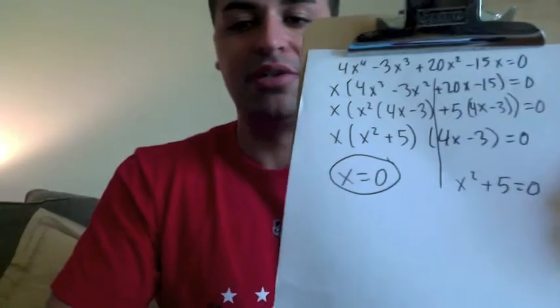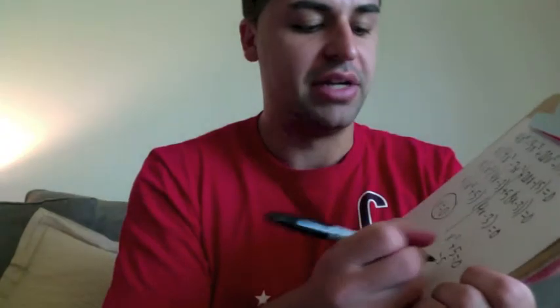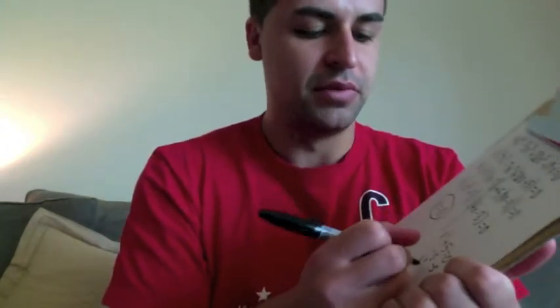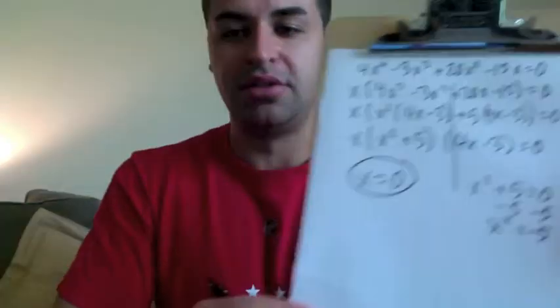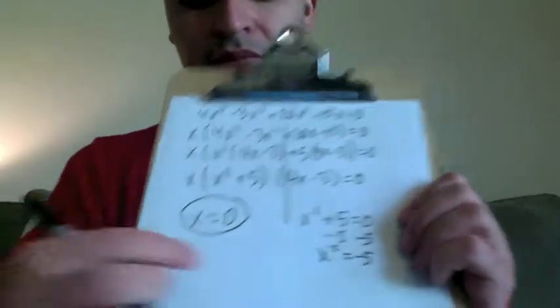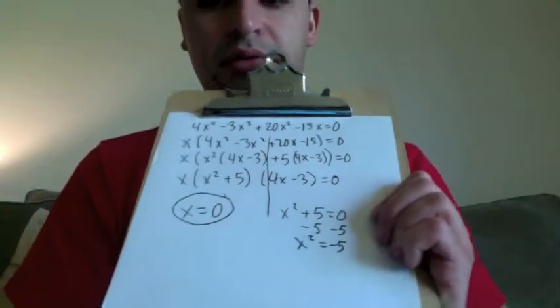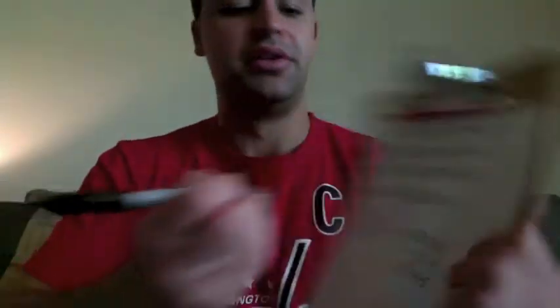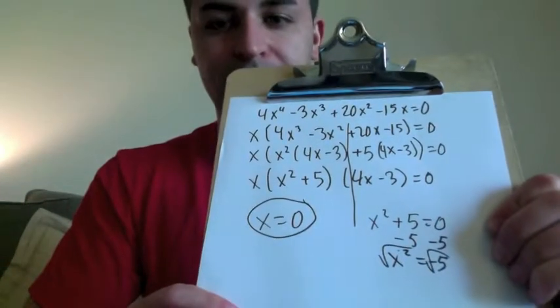We have x squared plus 5 equal to 0, and if we use the square root method of factoring, we subtract 5 from both sides, try and take the square root, but of course the negative, if we try to take the square root here, we would end up with a negative under the radical, and again, two irrational roots.